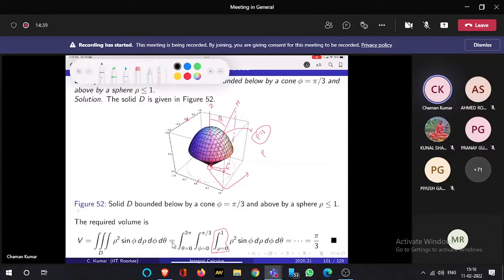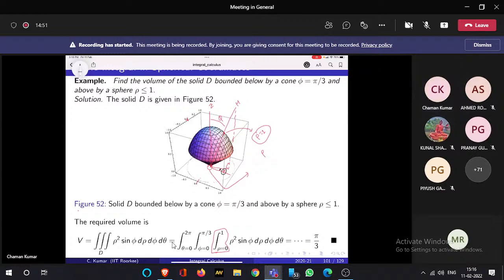So now you identify the range of the other variable. What you do is you fix a value of theta. So let us say this theta is fixed in the xy plane, then this ray is also fixed.